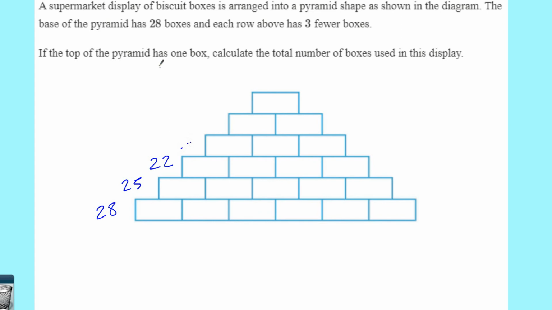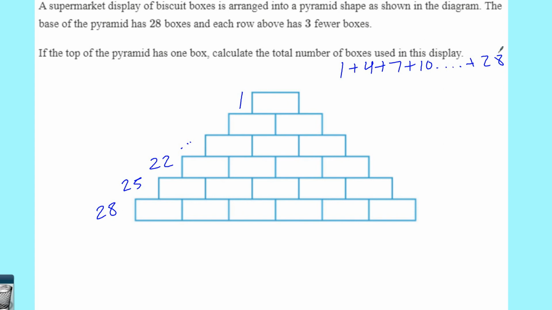At the top of the pyramid has 1 box. Okay. Calculate the total number of boxes used in this display. So we know the pattern goes like this. So 1 plus 4 plus 7 plus 10 all the way up to 28.